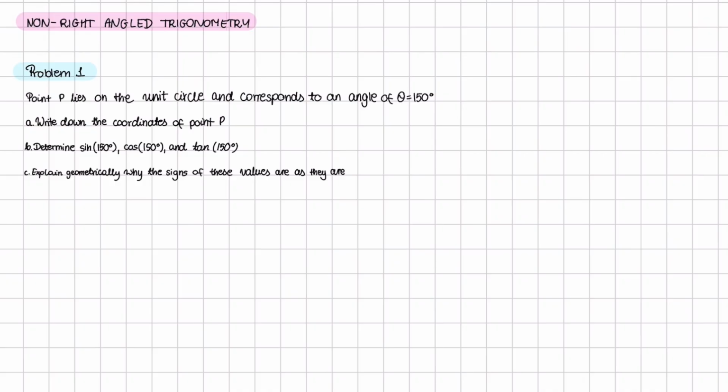Problem 1. Point P lies on the unit circle and corresponds to an angle of theta equals 150 degrees. A. Write down the coordinates of point P. So in here we have to remember that we are dealing with the unit circle. The first coordinate is always cosine of our angle, and the second coordinate, so our y coordinate, is sine also of the same angle.